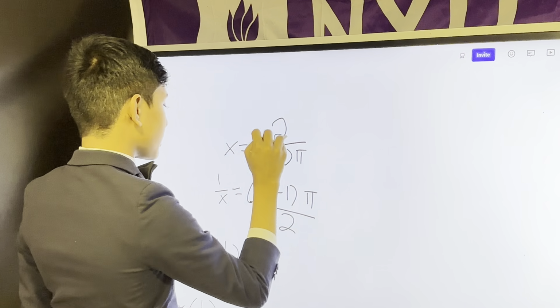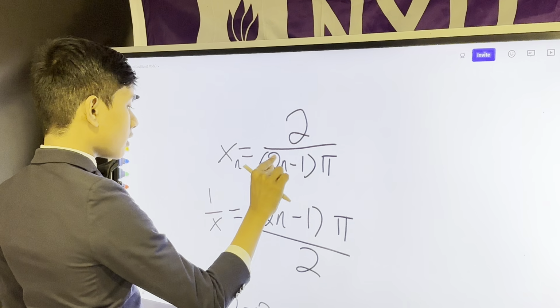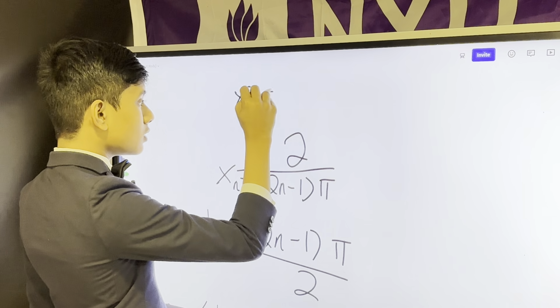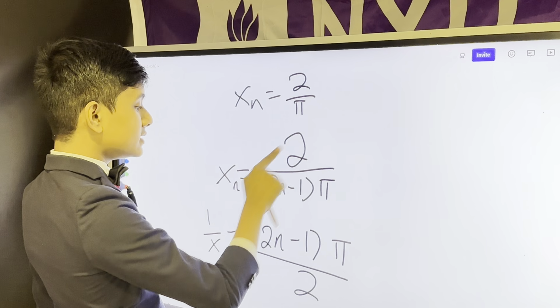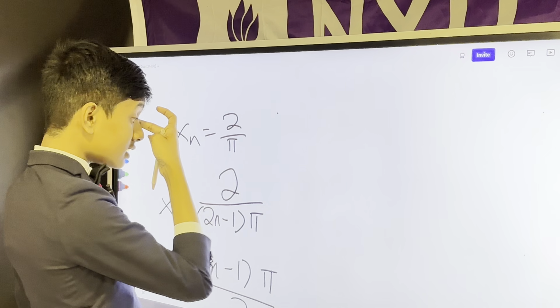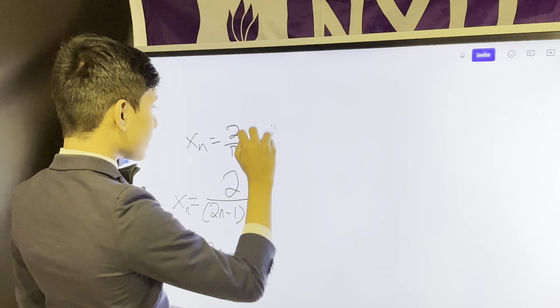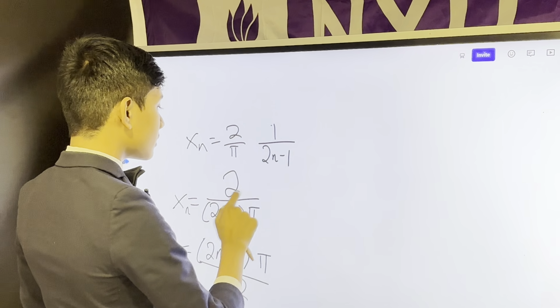So it looks something more like this. So we can call it a sequence like that. And by the Archimedean principle, we're kind of just multiplying the sequence 1 over n by a constant and then adding to it, right? Because this is 2 over pi times 1 over 2n minus 1.